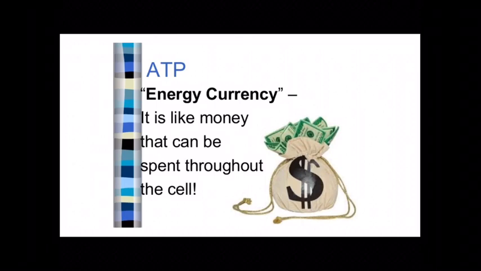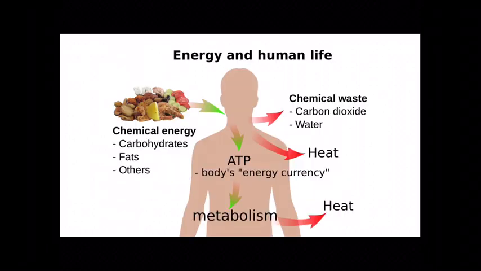Since all cells need ATP, all cells can produce ATP. In looking at this process of ATP production, we're going to look at glucose as the fuel source. Eventually we'll look at other things as fuel sources as well, but glucose is a common starting point.